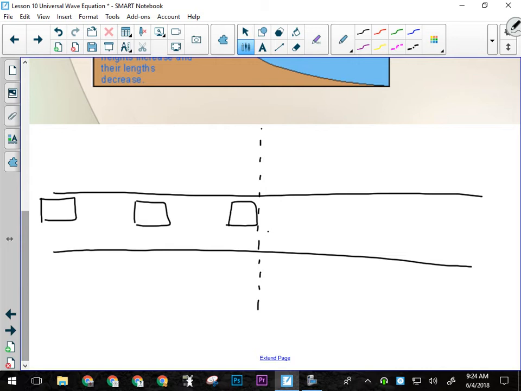So as it slows down, the car behind it will catch up, and the car behind that one will catch up. But if I'm standing right here, I see 3 cars go by in 1 second. Let's say all 3 cars go by me in 1 second. If I stand over here, am I still going to see 3 cars go by me in a second?